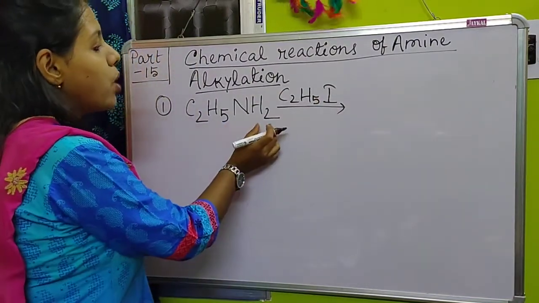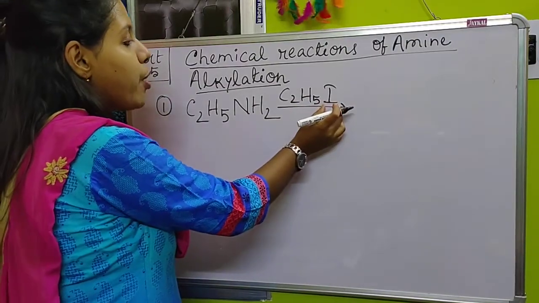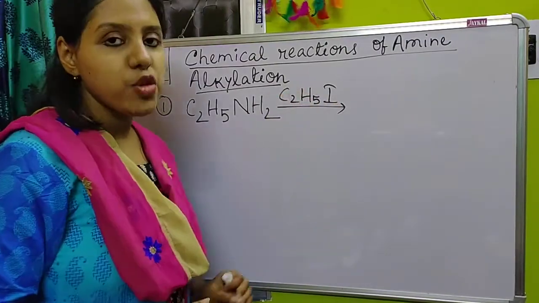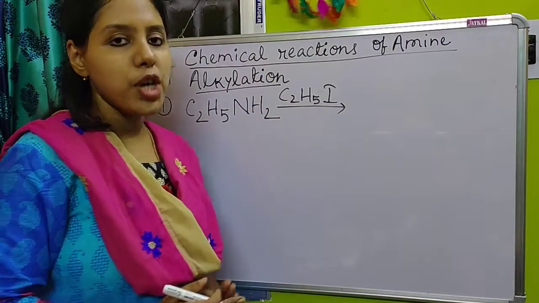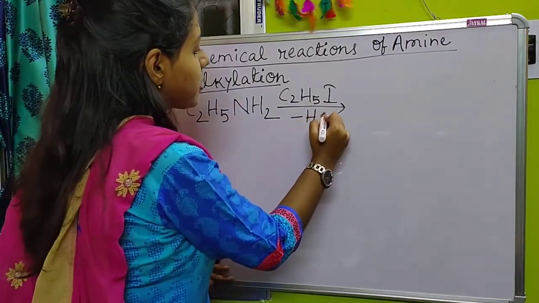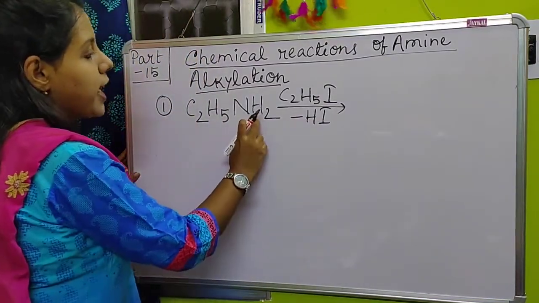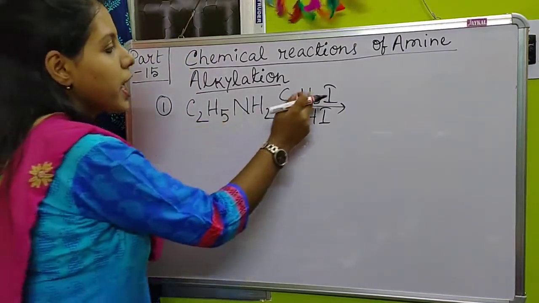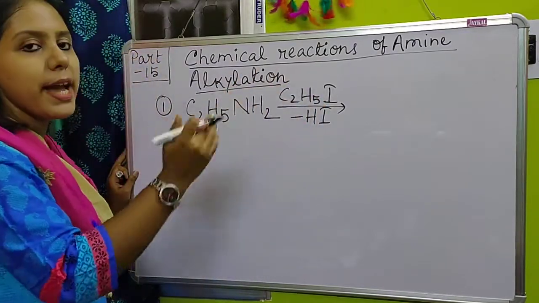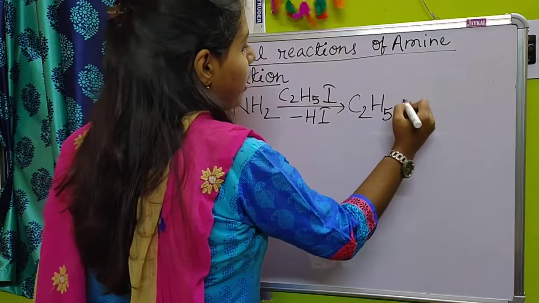One hydrogen from NH2 and iodine from C2H5I will be removed as HI. In place of hydrogen, the C2H5 group will be added. So the product will look like this.